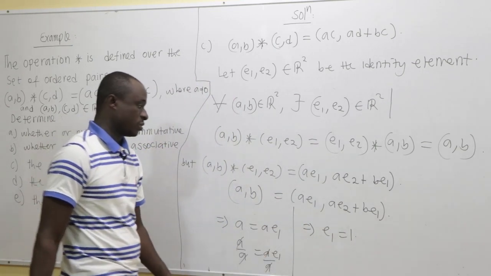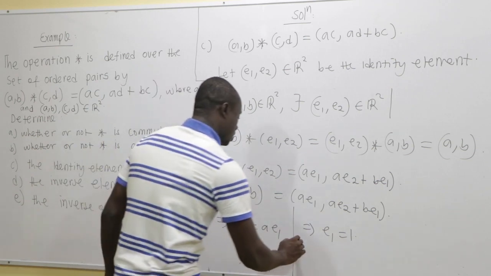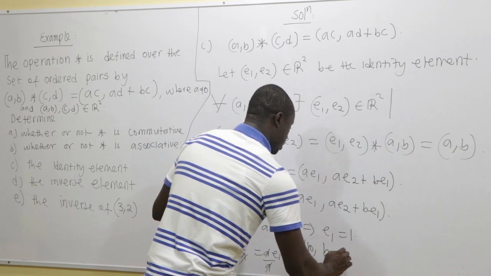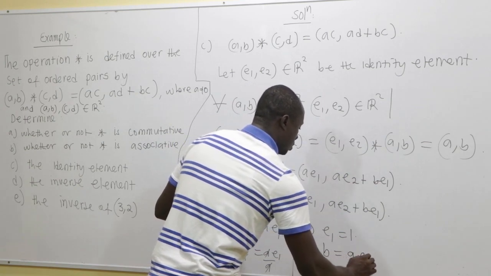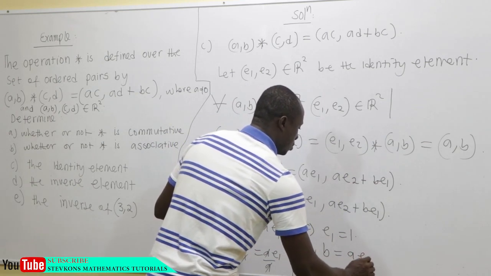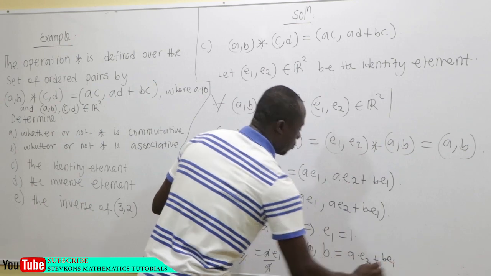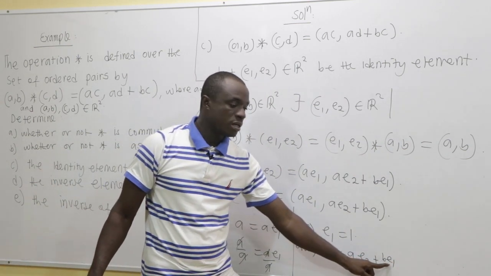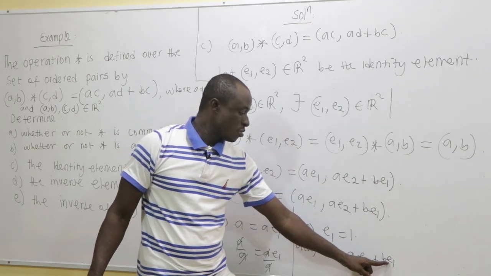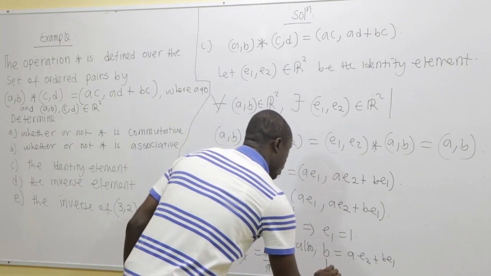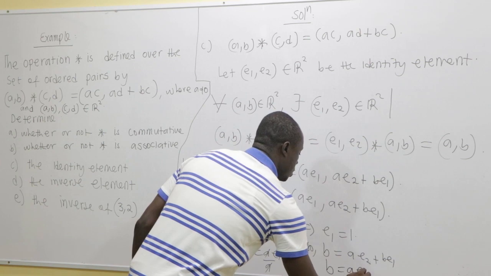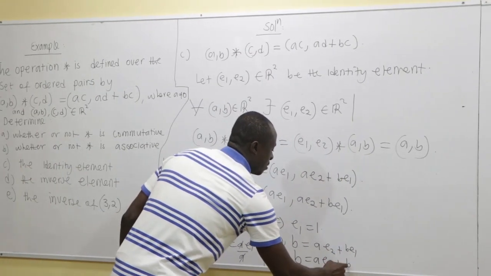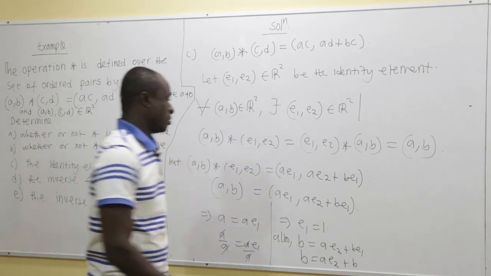Also, the second element, B here, is equal to AE2 plus BE1. Now, E1 is equal to 1, so we have B is equal to AE2 plus B, because 1 times B is B.